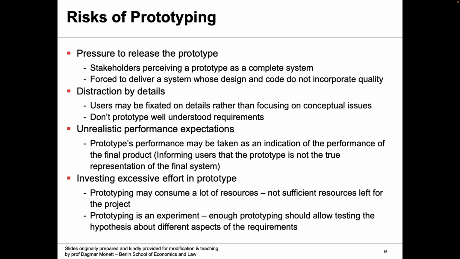Next is unrealistic performance expectations. Now, prototypes performance may be taken as an indication of the performance of the final product. Okay, informing users that the prototype is not the true representation of the final system.